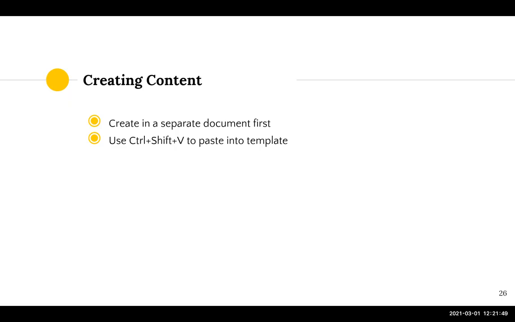So when you are pasting from your Word document into the HTML editor, you need to use the buttons Control, Shift, and V at the same time to paste copied text as unformatted text in the HTML editor. You can also right-click with your mouse, and a drop-down menu will come up and you can paste as unformatted text.